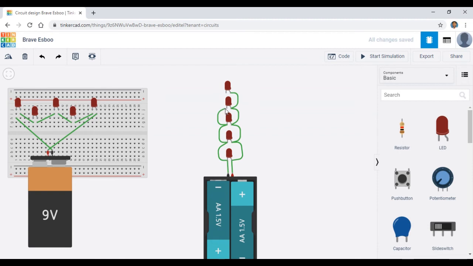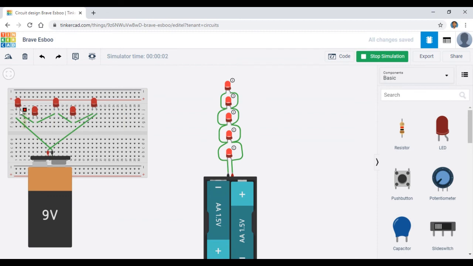So I'm connecting all the cathodes like this. Once we have connected all the cathodes and all the anodes with the battery, now we have to start the simulation. Just observe both outputs here, the series circuit and the parallel circuit.